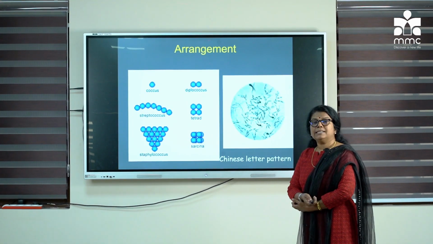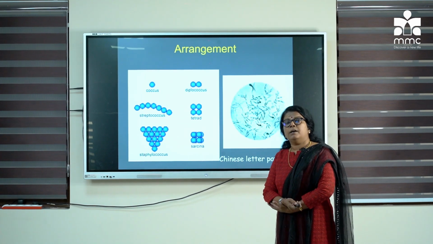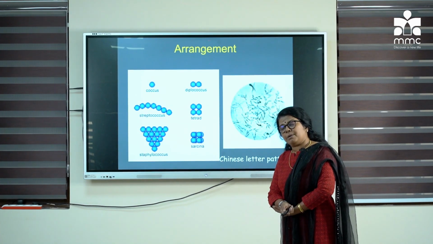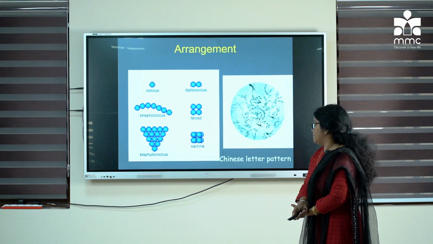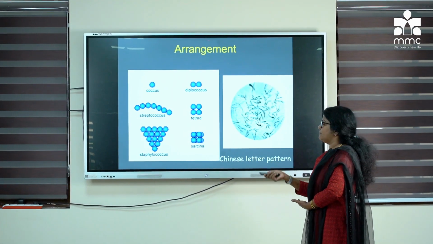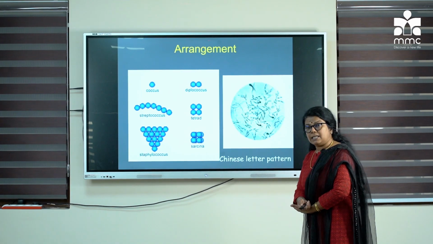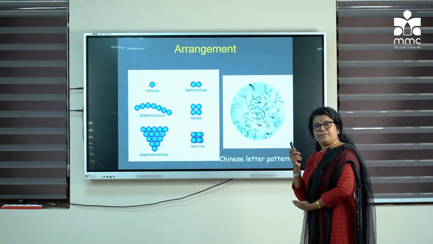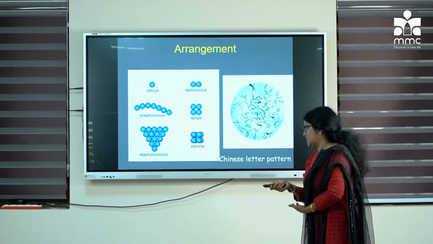The next point is arrangement. After the shape and size, I am now coming to bacterial arrangement. You can have different types of bacterial arrangement. Bacteria can be seen in singles, in pairs, in chains, or in clusters.